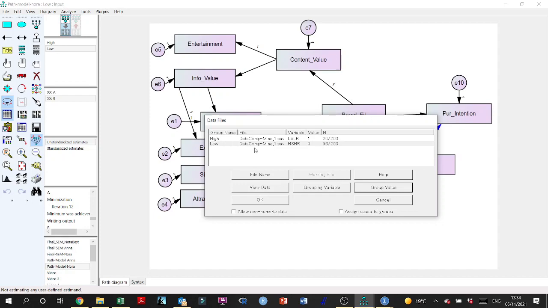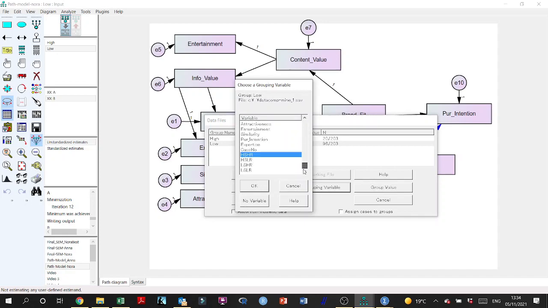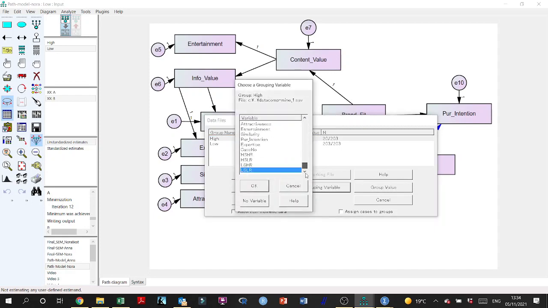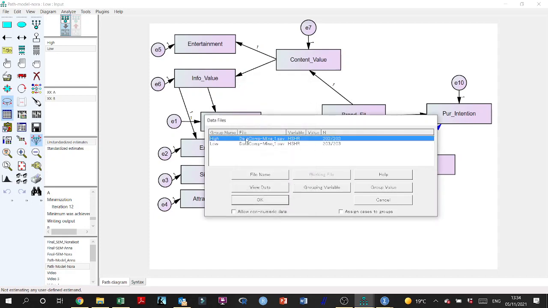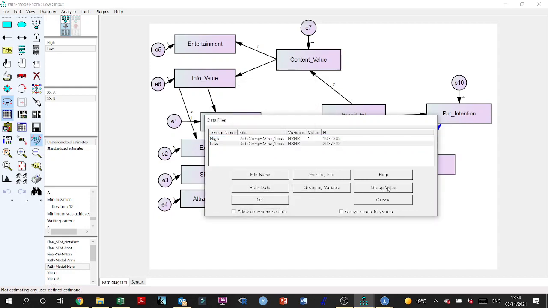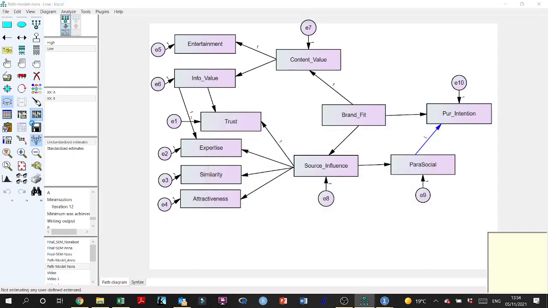This is the high, this is the low. I made a mistake in the previous one. This is high, high, right? I'm going to put this as high, high. I'm sorry. High, high. And now this high is 1. And this is 0. Just to make sure all is good.